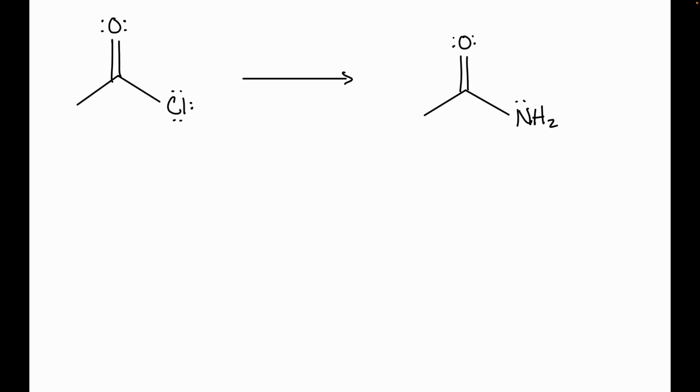Okay, if I want to convert this same acyl chloride into an amide, what nucleophile am I going to use? Nitrogen, and then it's going to give up an extra proton, so what do we call NH3? Ammonia.